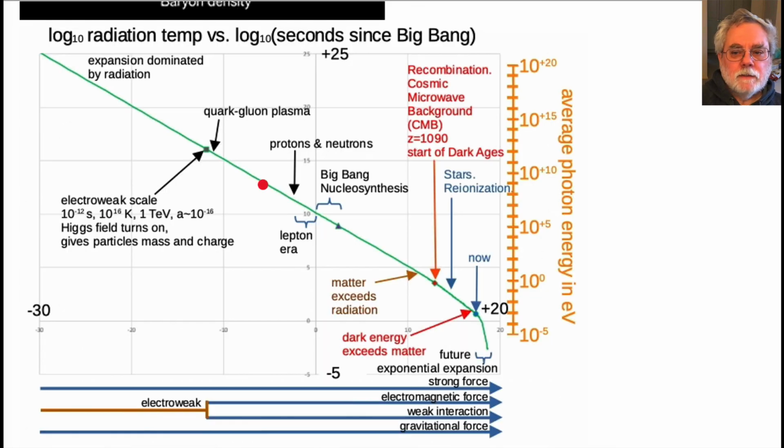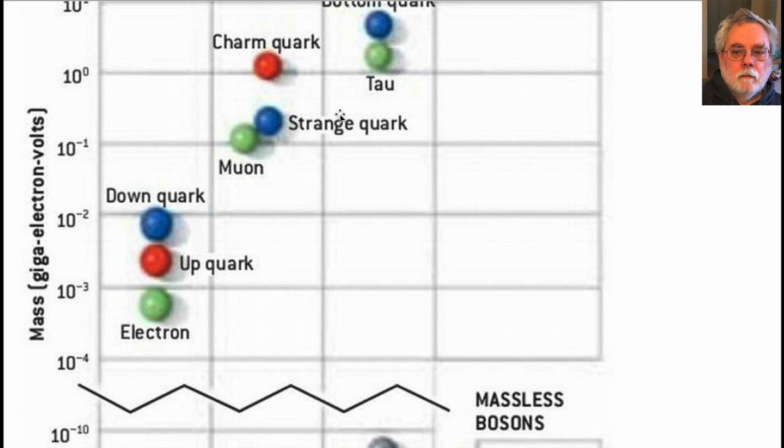At 1 microsecond after the Big Bang, so about here, the temperature and average photon energy fell to about 10 to the 13 Kelvin and 3 giga-electron volts. If dark matter consists of elementary particles, and if they were created by neutrinos or via the weak interaction, this probably occurred in the first microsecond, but physicists presently have no information.